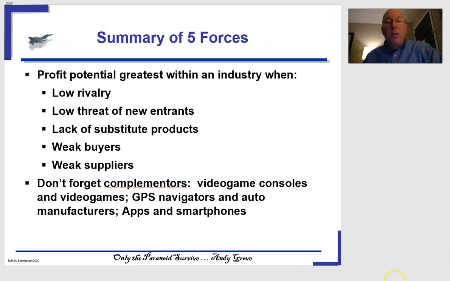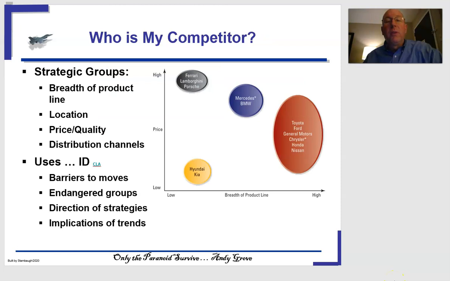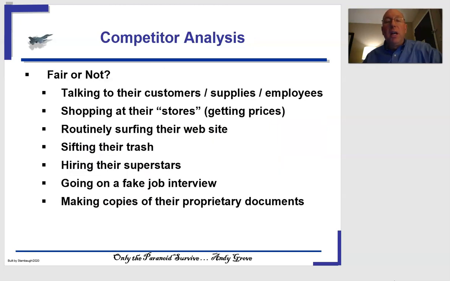Don't forget the complementors, just like I say on the slide. Understand who they are and why they're important. In terms of strategic groups, there's one question on strategic groups, how you identify them and the use of that concept. And there is a question about ethical competitor intelligence. And those are the topics in Chapter 2 you need to make sure you understand.